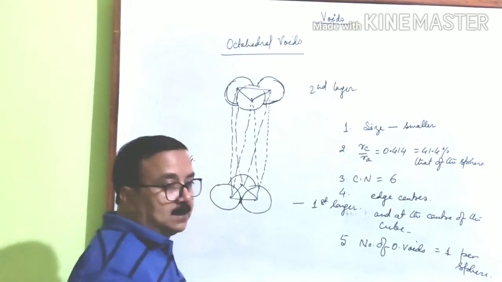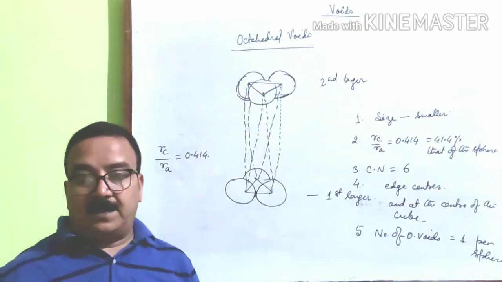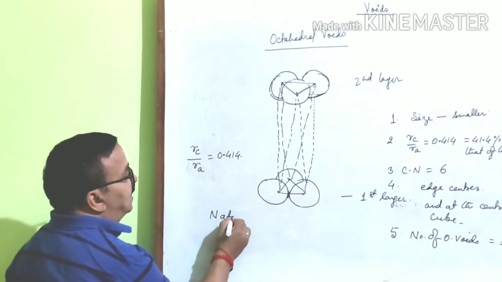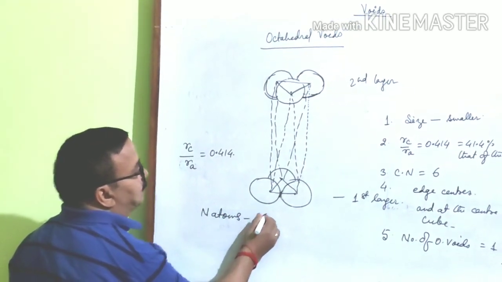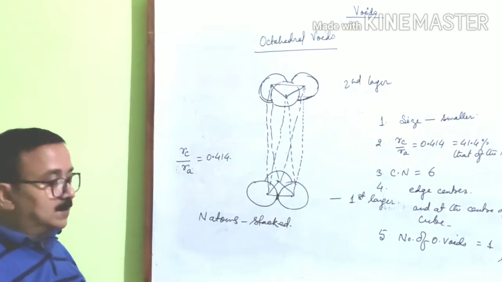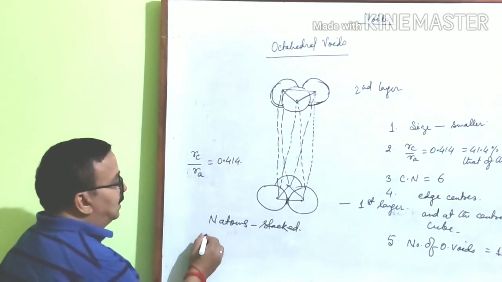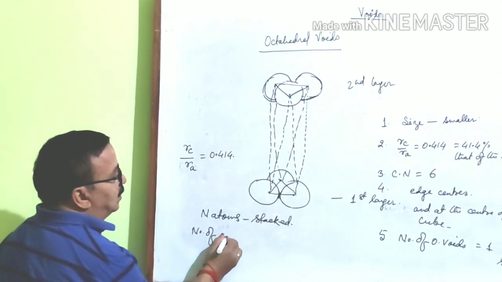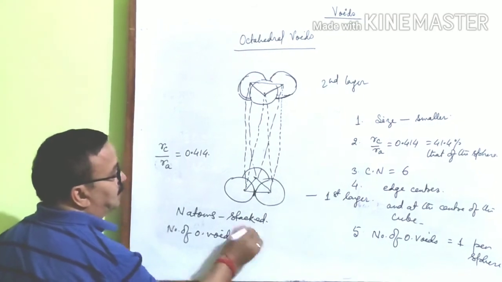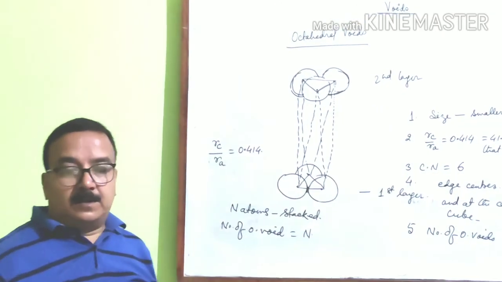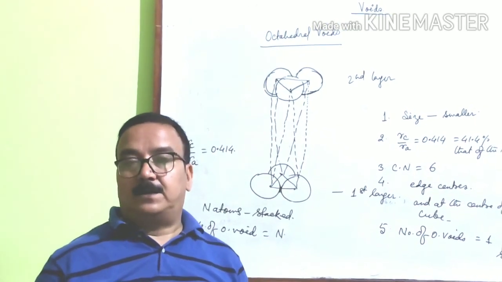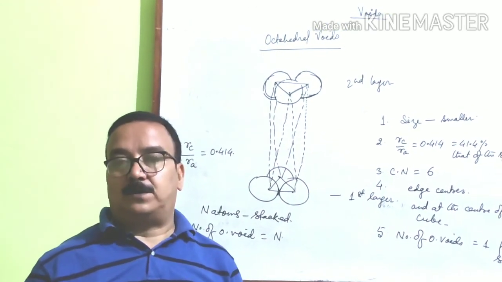It means that यदि आपने n atoms, if you have stacked n atoms in a crystal lattice, then the number of octahedral voids will be equal to n. In the next video, we will find out how to locate tetrahedral voids and octahedral voids.